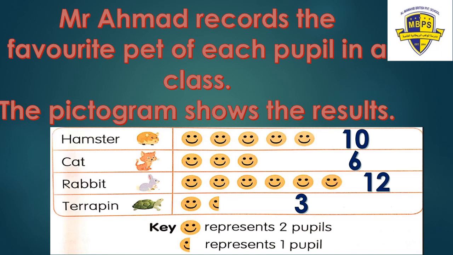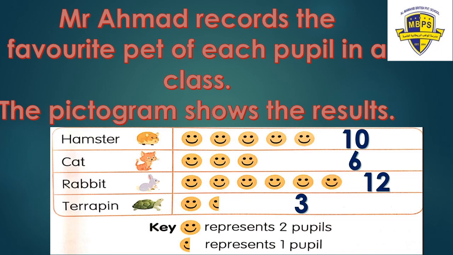Count. 1, 2, 3, 4, 5, 6. Very good. So now we are also going to start counting by twos, because one full happy face is equal to 2 pupils. Let's start. 2, 4, 6, 8, 10, 12. Excellent, children. So 12 pupils like rabbit.